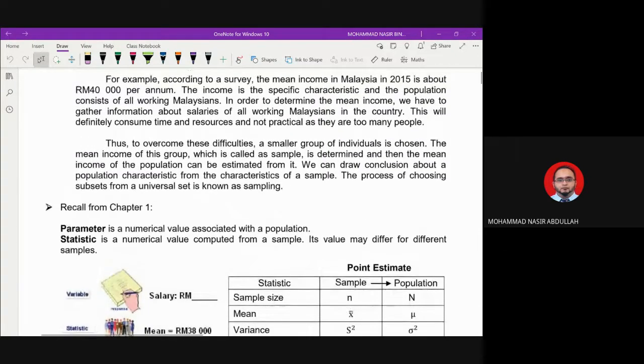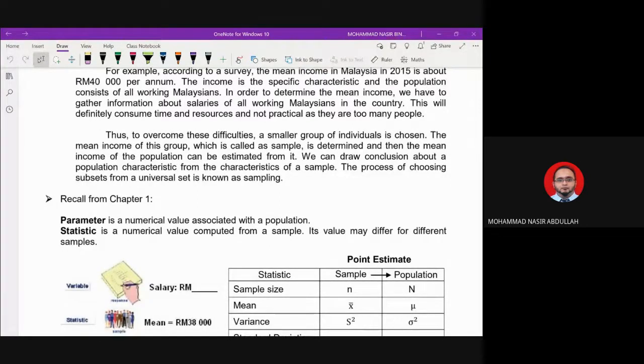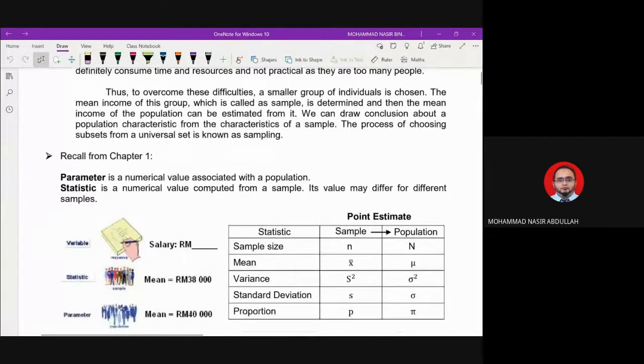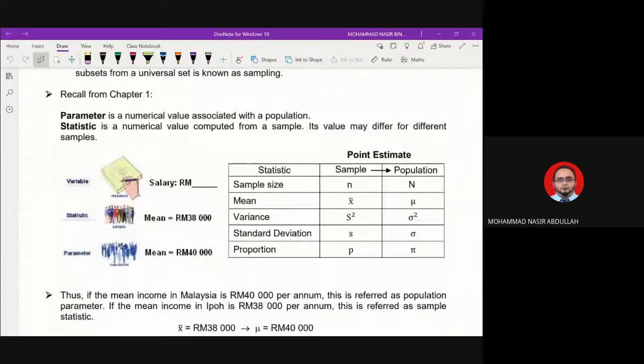We employ a sampling method to reduce bias, selection bias. We want to increase the accuracy of making a prediction, an estimation, of the population. So that's why we're going to learn this chapter, which is estimation.